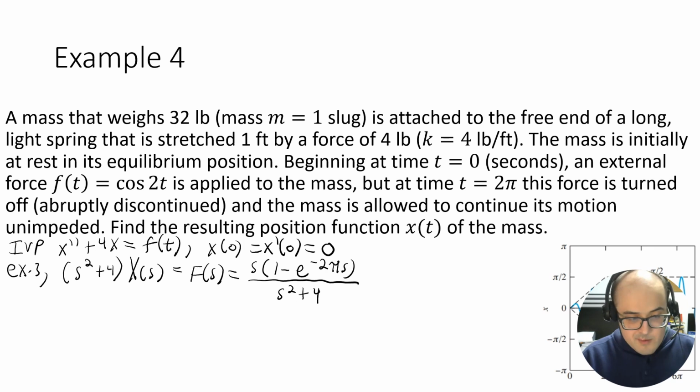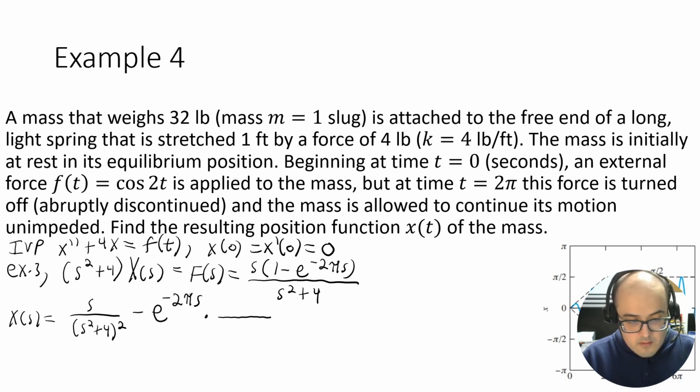Alright, so X of s would be s divided by s squared plus 4 squared, minus e to the negative 2 pi s times s divided by s squared plus 4 squared.